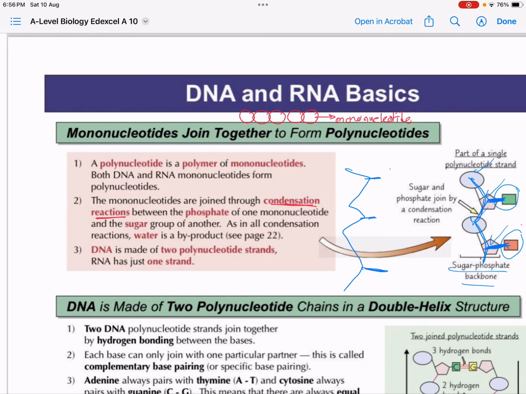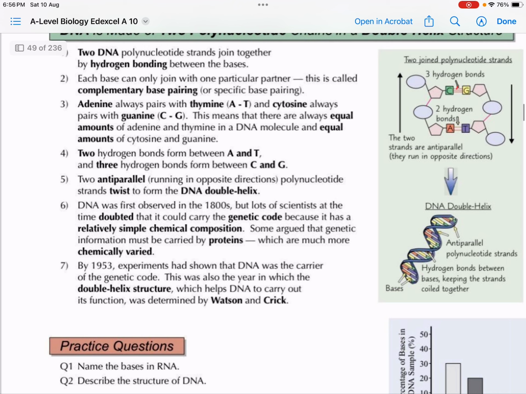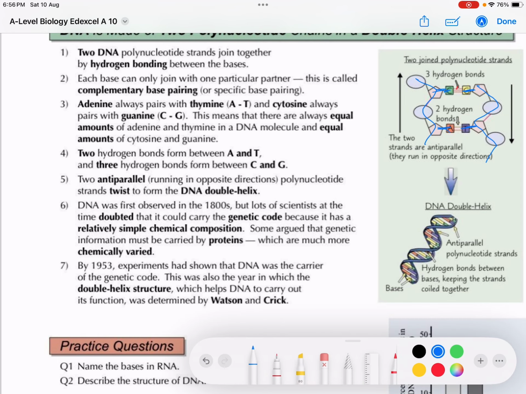See, this structure below here is maybe much more clear. So, see, that's the backbone. That's the other strand. And then these are the nitrogenous bases protruding out from the backbone. All right, and what really helps the DNA to twist around one another and to join are the hydrogen bonds between the nitrogenous bases.